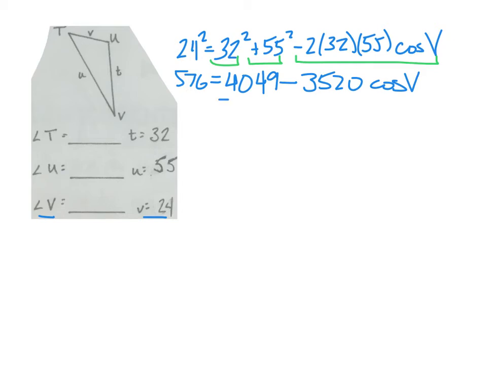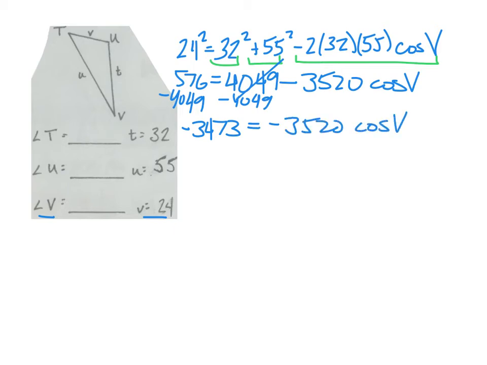Now, take your time, do it right. We want to subtract the 4049 first. That will leave us with negative 3473 is equal to negative 3520 cosine of V, and divide by the negative 3520.